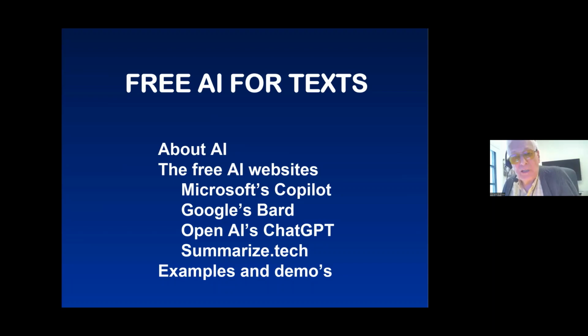So maybe it's free now. I don't know. It was going to be a pay version. All these places have pay versions that usually give you better results, but not always. OpenAI's, that's the ChatGPT. And that one we didn't look at yet, nor did we look at summarize.tech, which we will, and so on. But now we want to talk about more examples.